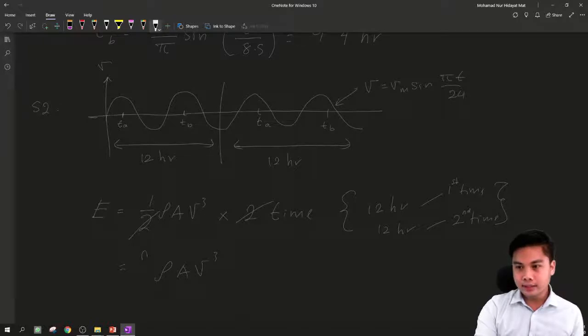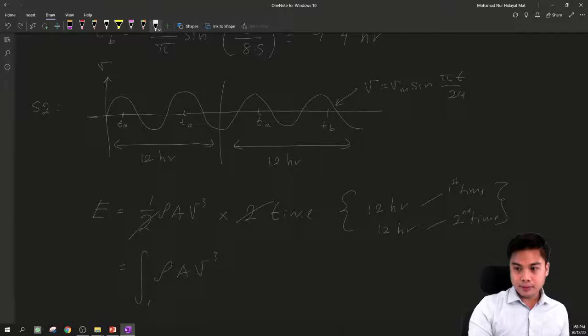We do the integration of time from TA, previously discovered, to TB, dt.